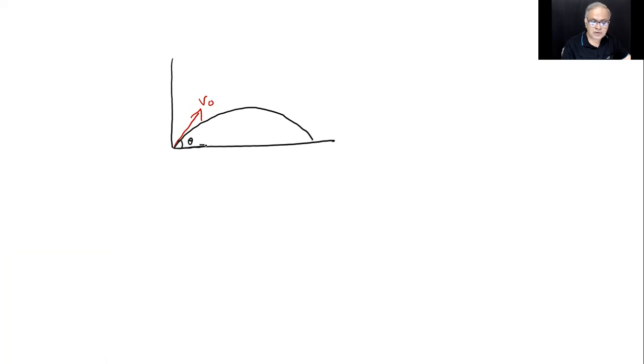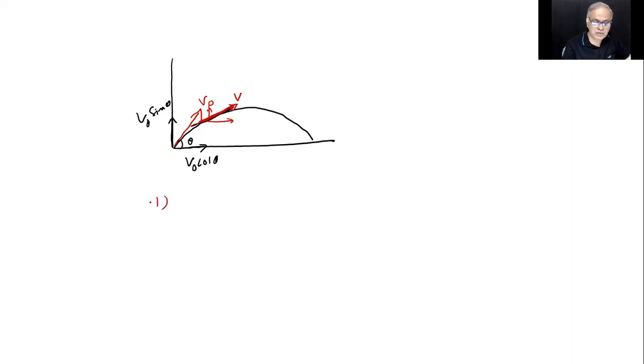So this is V0 cos theta. This is V0 sin theta. Now that was V somewhere. I'll put it in this different color again. This is V there. It's also supposed to have a V x component and a y component.